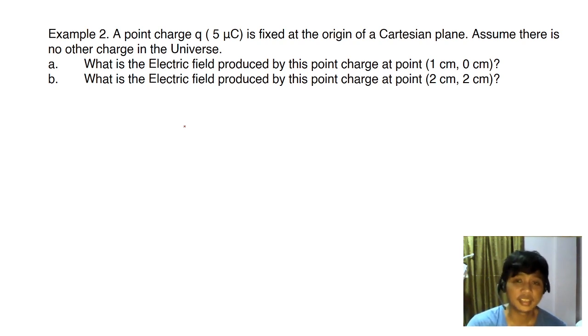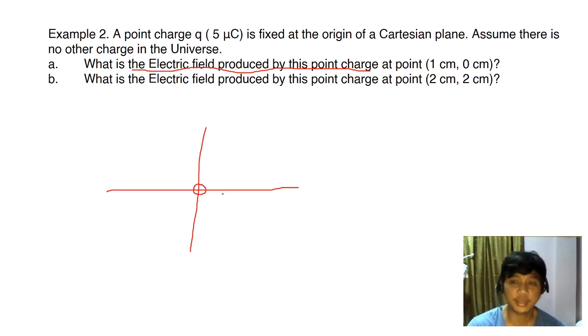Clearly in this problem, this charge is the source charge. How do I know that? Because it says the electric field produced by this point charge. So this point charge is producing electric field, and we are asked to calculate the electric field it produces at the point (1, 0).